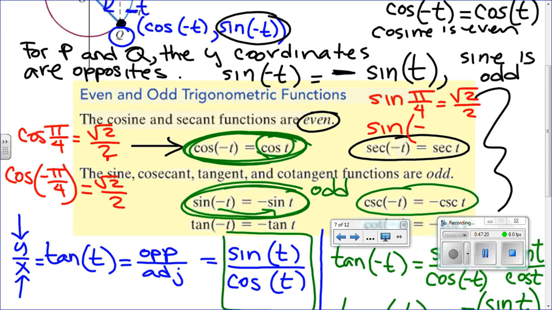Now, what is the sine of negative pi over 4? You cannot say it's the same like cosine. Instead, you're going to say it is the opposite of that one. So it's going to be what? Negative. Just negative square root of 2 over 2. All right, so we're going to do a couple of those examples in the next slide.